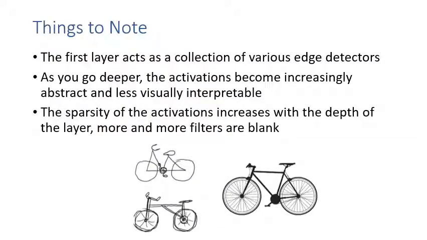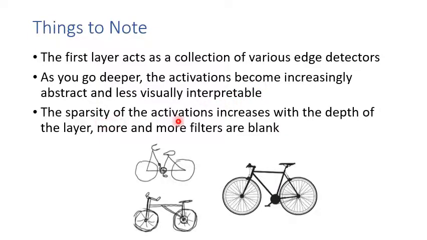We have noticed several things in this experiment. First, the first layer acts as a collection of various edge detectors, and most features are passed through the filters. As we go deeper, the activations become increasingly abstract and less visually interpretable.